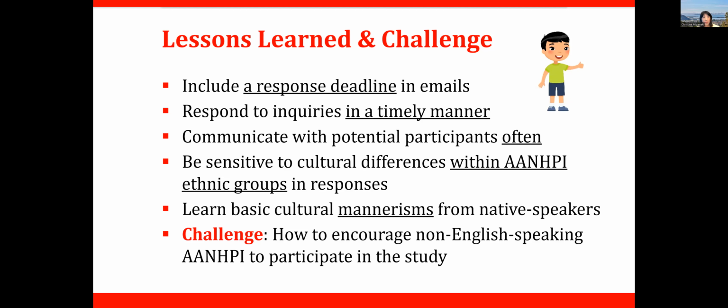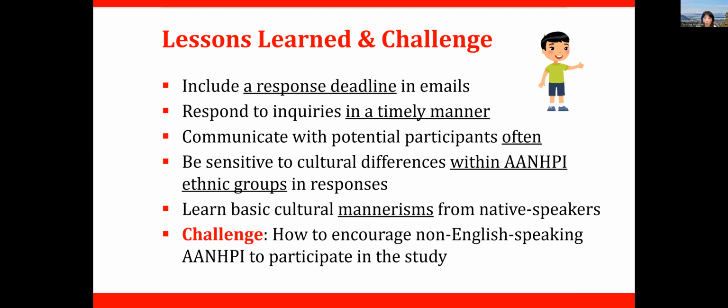Say we send it today, most likely we will receive some responses today or tomorrow, or on the due date, or a few days before it. Over several trials, we learned it's better to put a due date so they have a target to aim at. That was a lesson we learned.